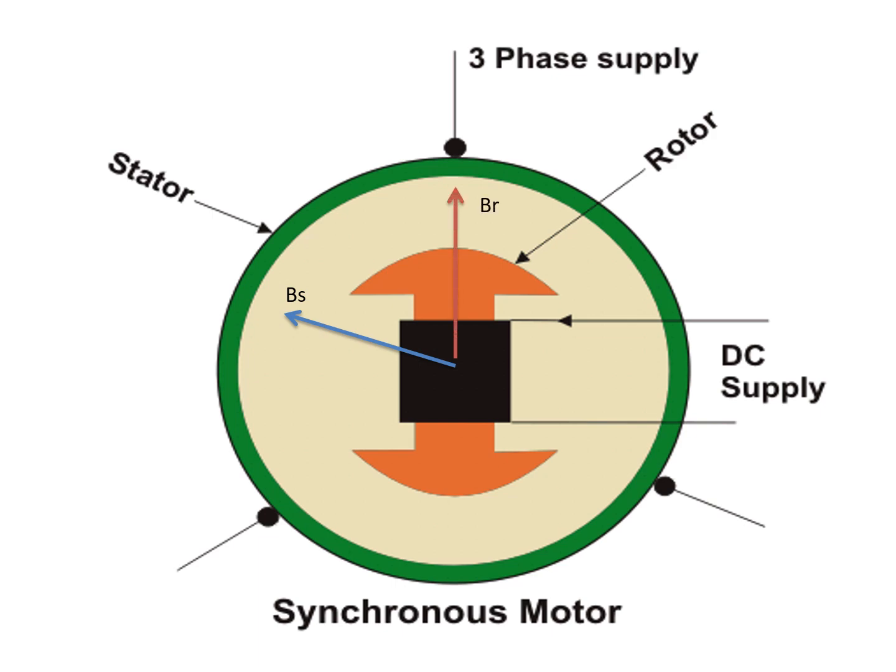I will represent it by Br, another vector. Now, Br will always tend to chase Bs, which in turn is continuously rotating. That means Br will always be trying to catch up with Bs, which is continuously moving with a speed of synchronous speed, and hence the rotor will tend to move.